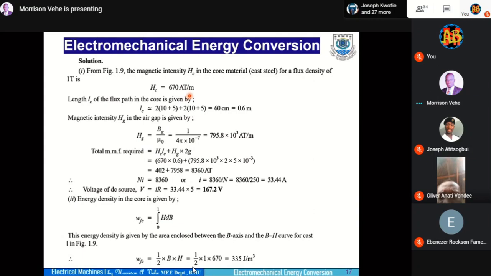So it simply means that you can also see field intensity as a function of what is measured in ampere-turns.